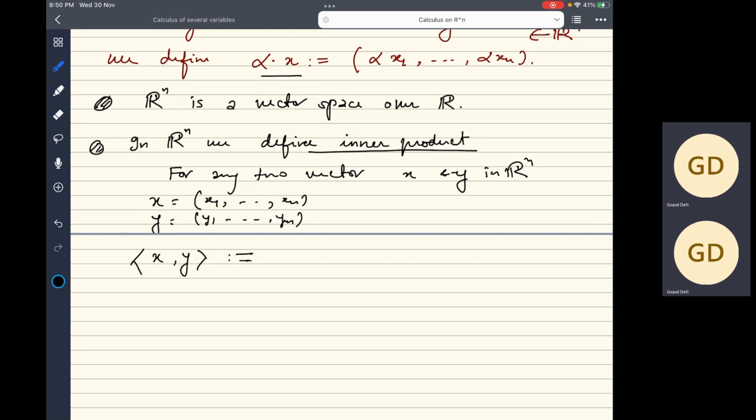As I said, it is dot product, and you know dot product is defined like this. This inner product gives us a norm on Rn.